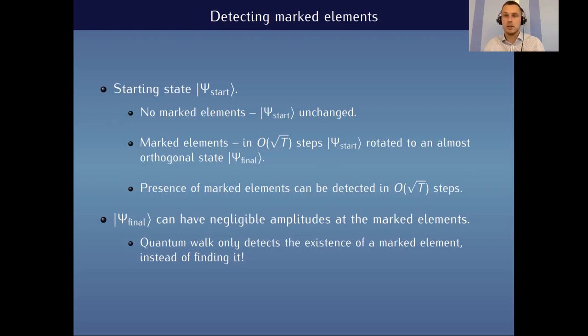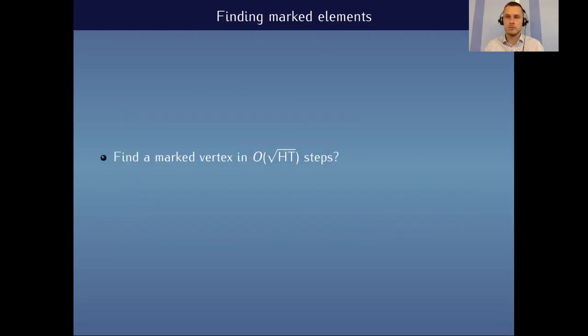And measuring it doesn't reveal anything about the marked vertices. So a quantum walk can detect the presence of marked elements, but not necessarily find any of them. And that's unfortunate because usually we are more concerned with finding desirable things, not just detecting that there exist any.